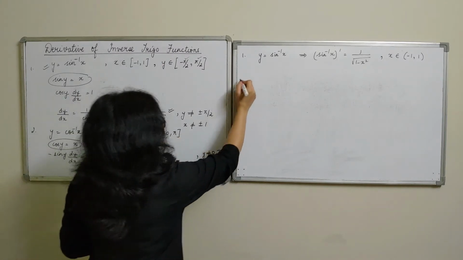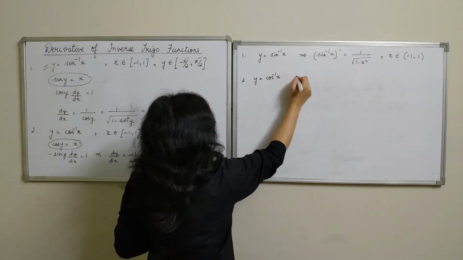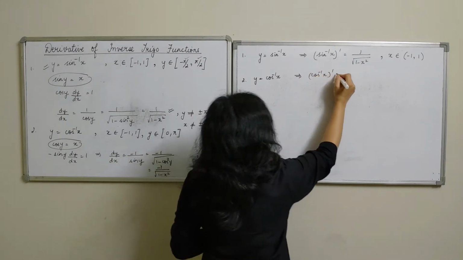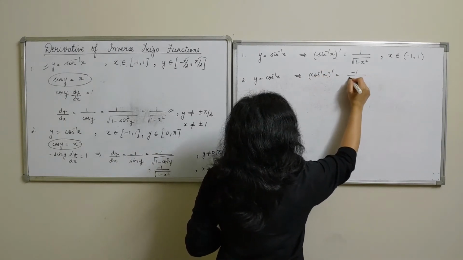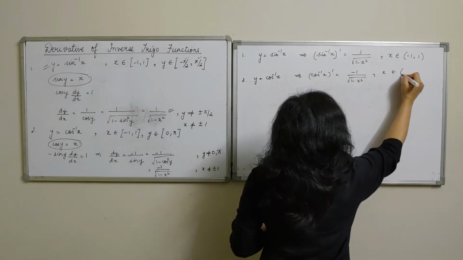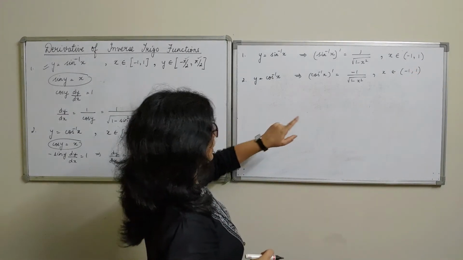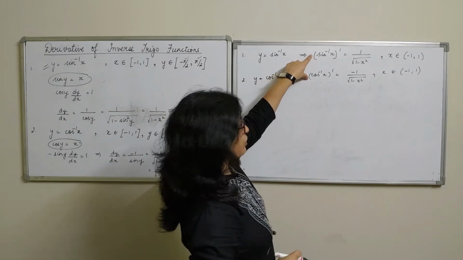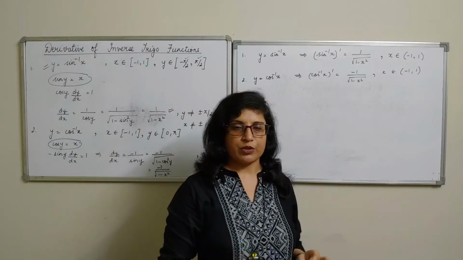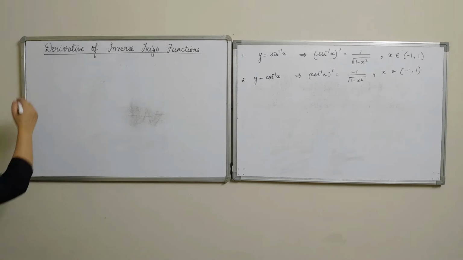So that means if y is equal to cos inverse x, then the derivative of cos inverse function would be minus 1 upon under root 1 minus x square, where x belongs to open interval minus 1 to plus 1. So you have to just take care that for the inverse trigo functions, what are the possible values of x in which the derivative is possible. This is what is to be remembered.